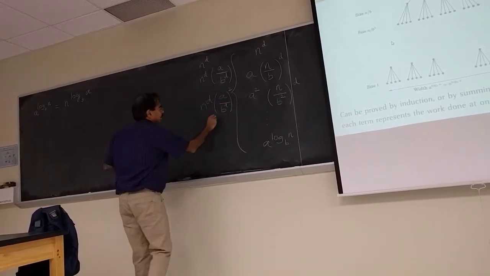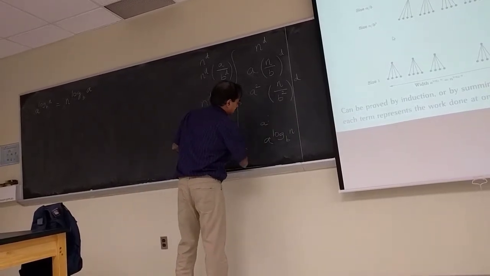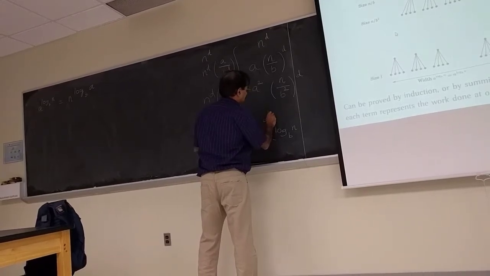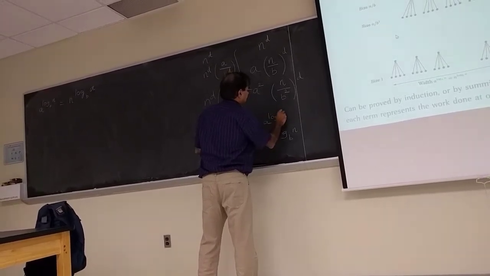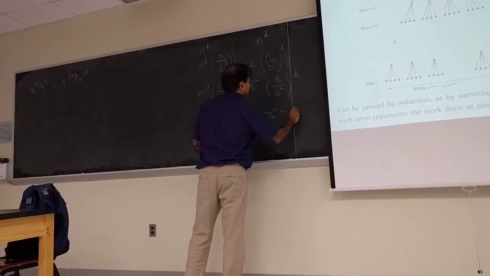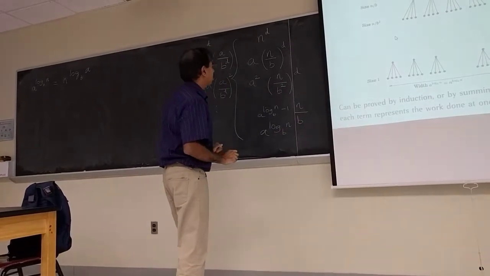So if you go through all of this, let's write down the last but one step, which is a to the power log b to n minus 1 times n divided by b to the power d.